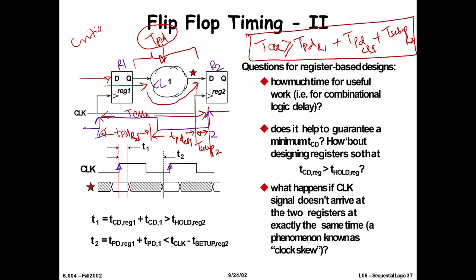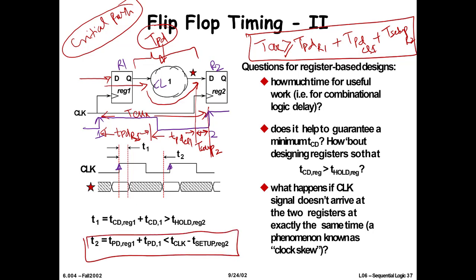The maximum frequency is dependent on the critical path of the whole system. So this is one equation, which is given by T2 but slightly rearranged.